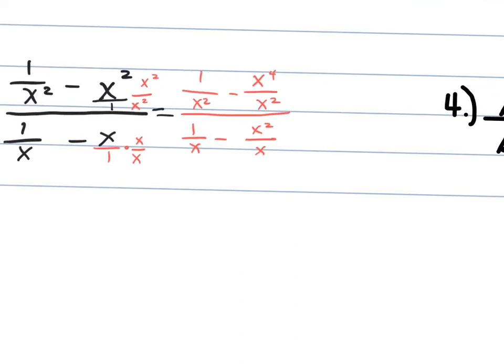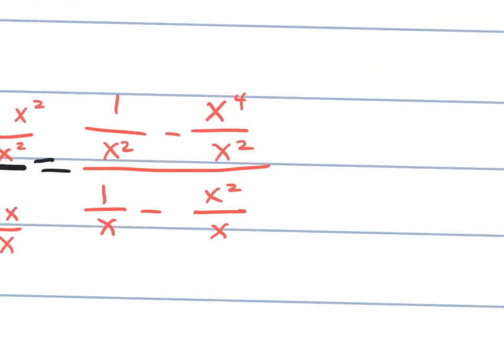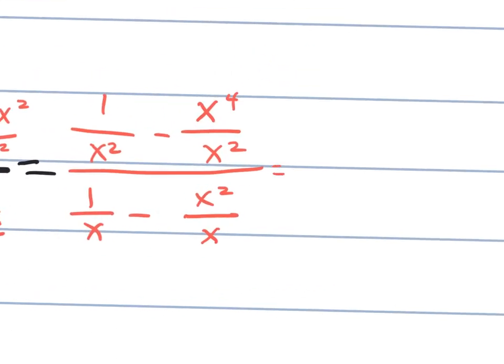We're making a common denominator. We multiplied the top and bottom by the same thing. Okay, so our common denominator is x squared, and in the top we get 1 minus x to the 4th. In the denominator, we've got x and 1 minus x squared.